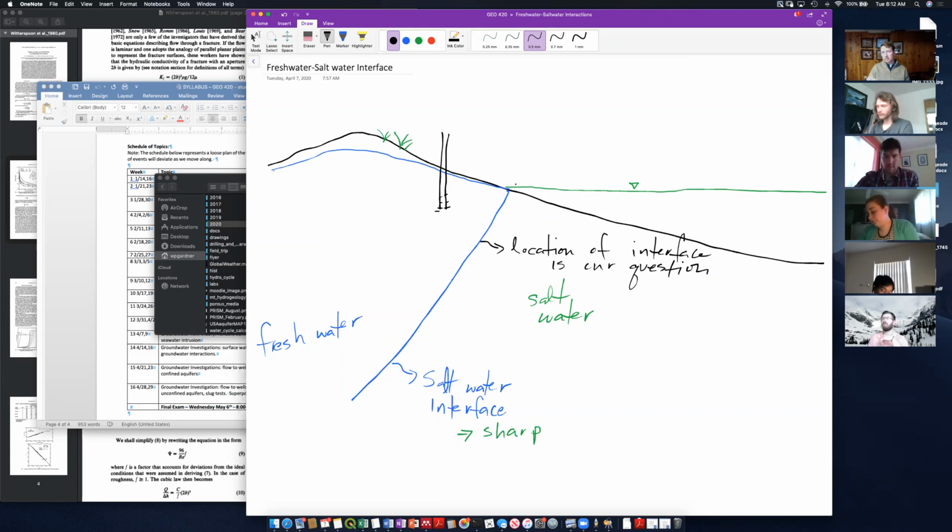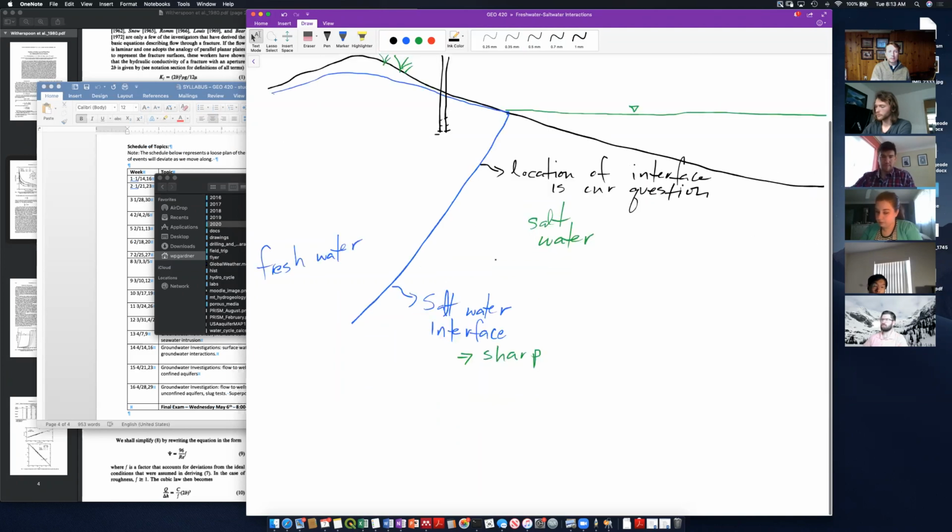And then things like tides and just the general geologic setting. So let's look at quantifying the location of the interface and getting more rigorous about this.